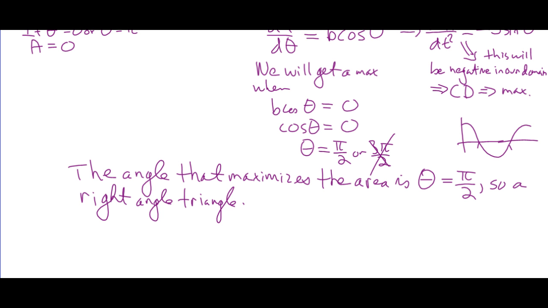Number 9. Determine the maximum perimeter of a right angle triangle, which we know has a maximum area, with a hypotenuse of 20 centimeters. So we know we have a right angle triangle, and we know the hypotenuse is 20 centimeters.